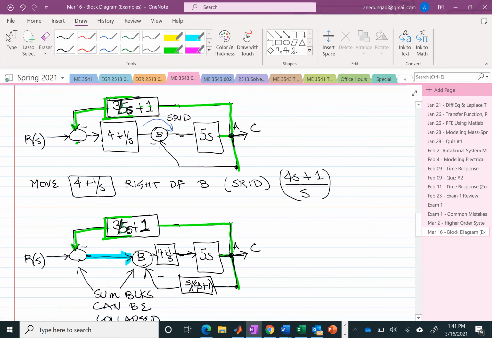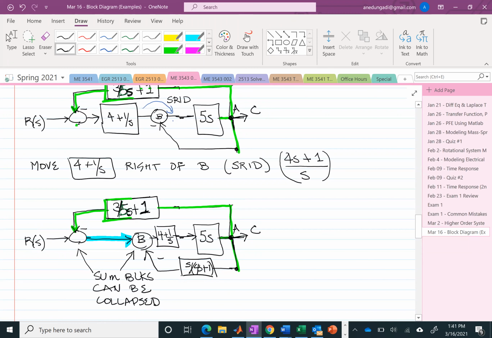Okay, so this one was this 4 plus 1 over s that we moved to the right. So 4 plus 1 over s is 4s plus 1 over s.